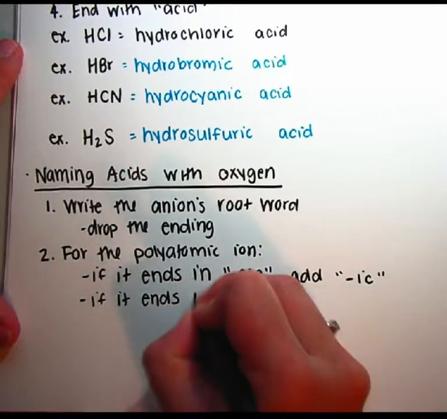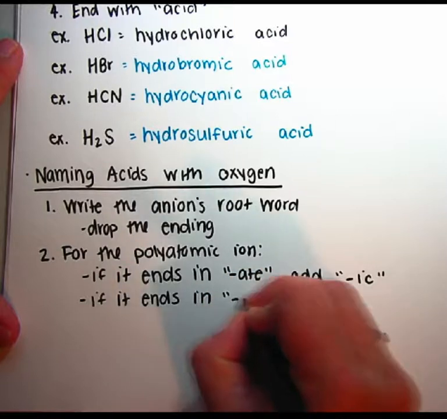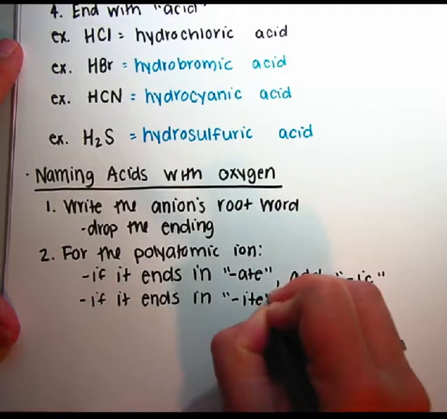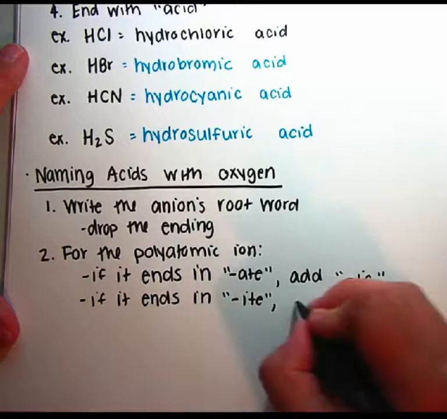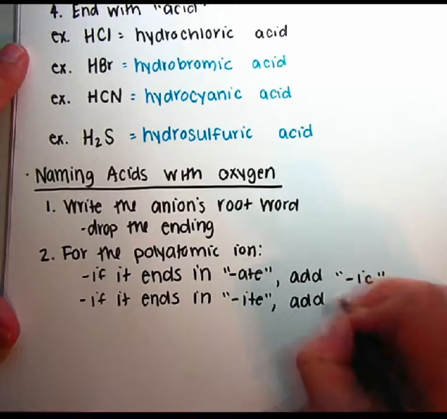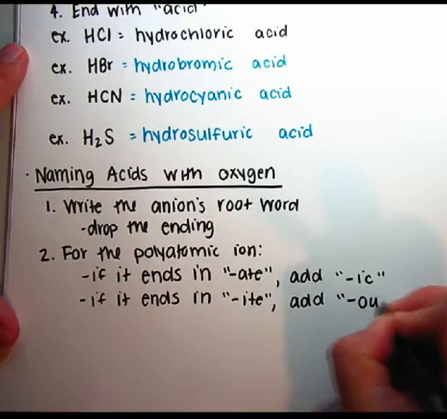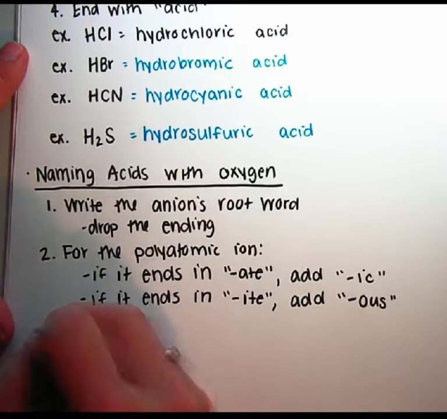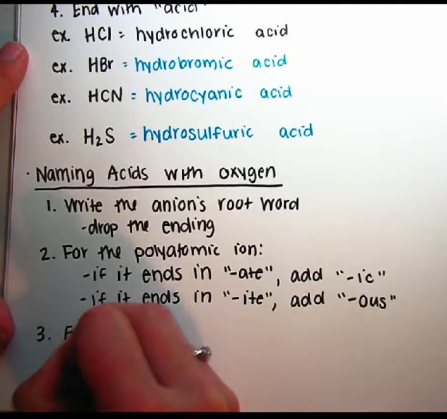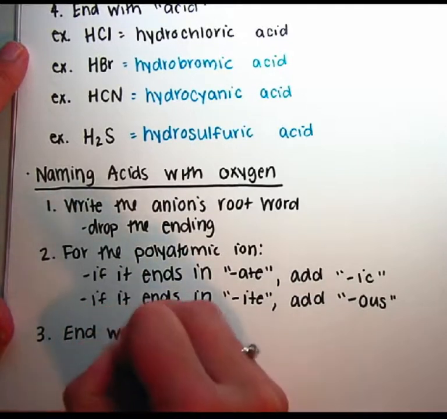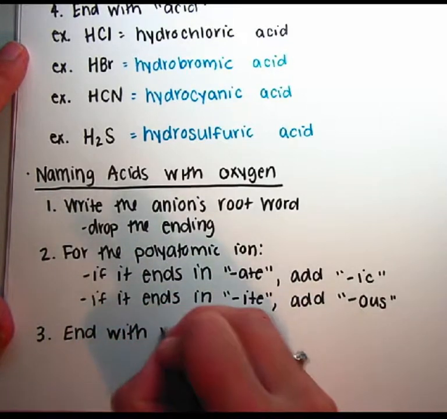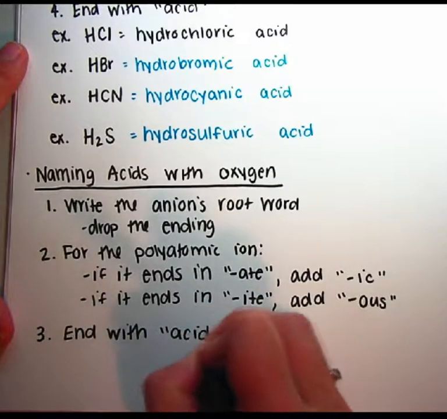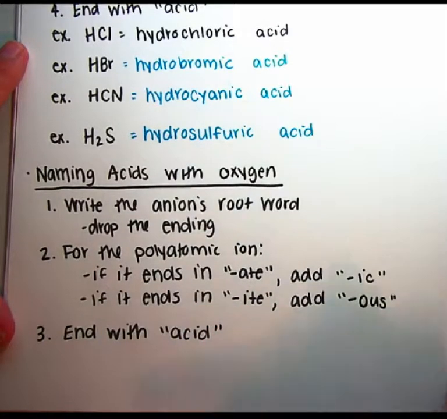If the polyatomic ion ends in ITE, we're going to add the suffix OUS. And then, since it is an acid, we are going to add the word acid onto the end.